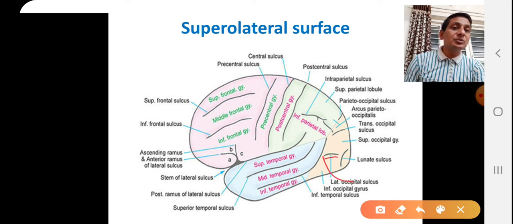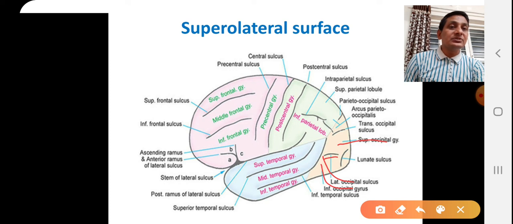This lateral occipital sulcus divides this part into the inferior occipital gyrus and superior occipital gyrus.